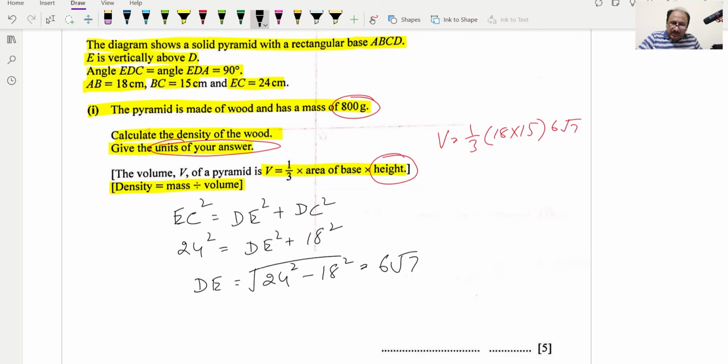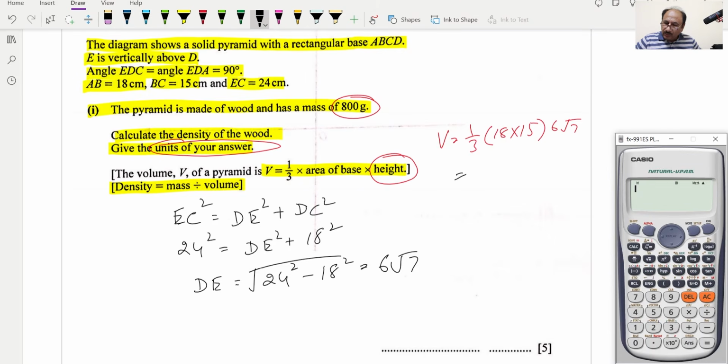And now we can write this by calculation: 1 divided by 3 multiplied by 18 multiplied by 15 and multiplied by 6 root of 7.